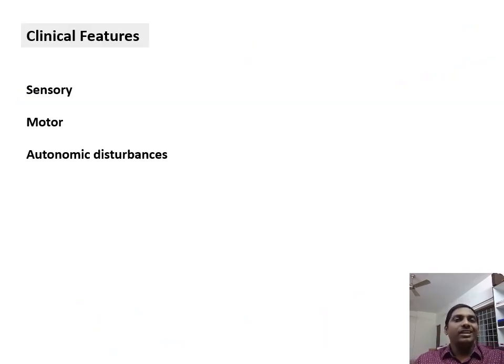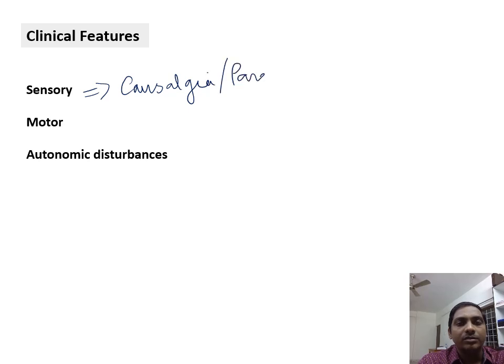So let's move on to the clinical features of the peripheral nerve injuries, which we already discussed. That is sensory disturbances, and sensory disturbances can be causalgia or paresthesia. Paresthesia means no sensation. Hyperesthesia means causalgia. Motor, there can be weakness or paralysis.